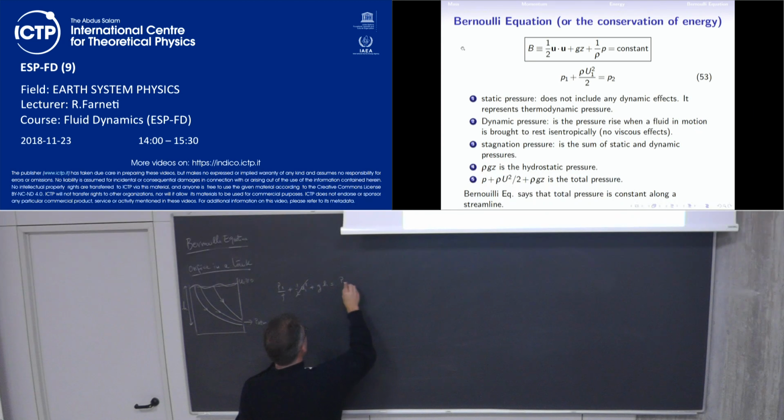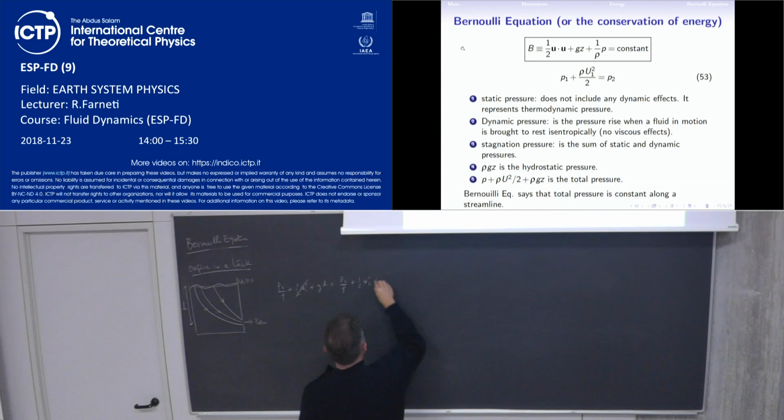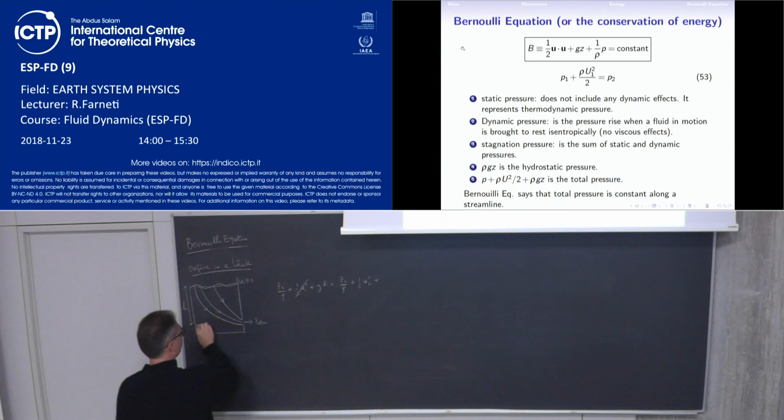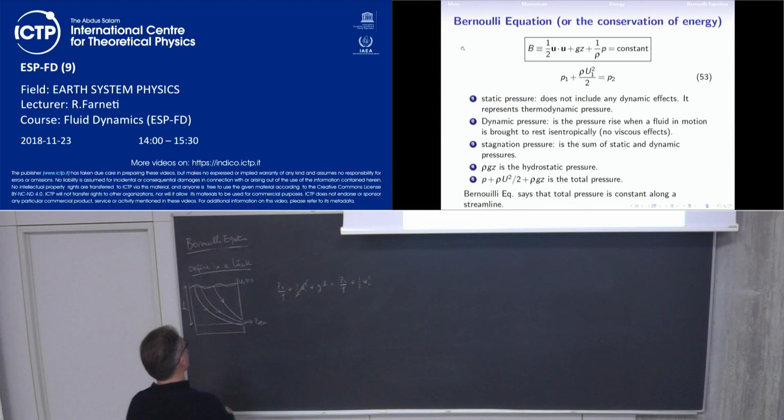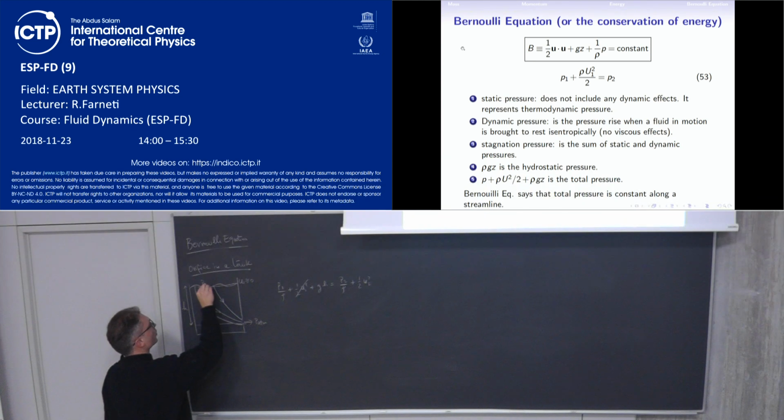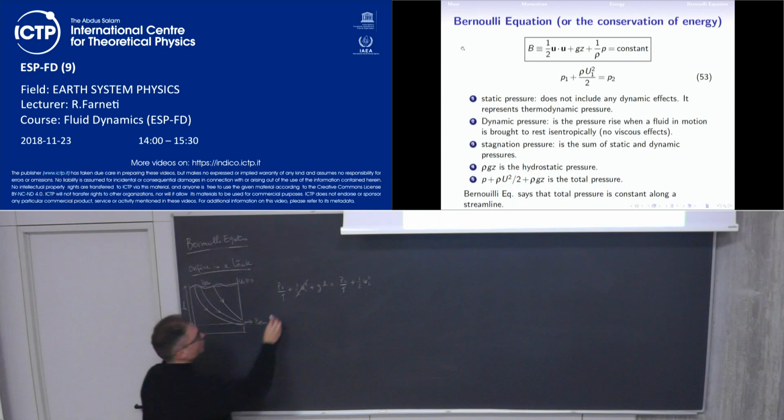That is going to be equal to P2 over rho plus the velocity at the exit plus, let's say this is 0, the bottom, so nothing. Here the pressure is also atmospheric pressure, so the two pressures are the same.